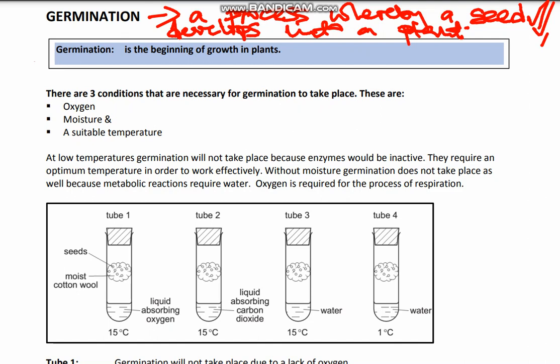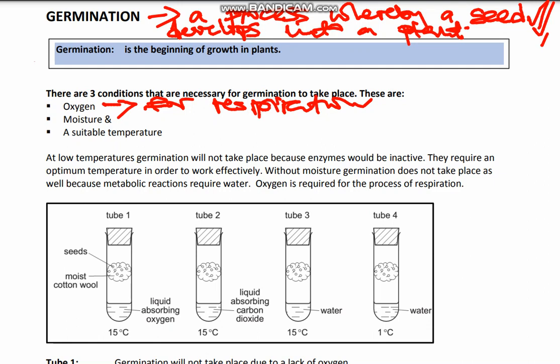Oxygen here, as you can see, is required by the seeds for them to germinate, for respiration. So this is the significance of oxygen as a condition for the process of germination.